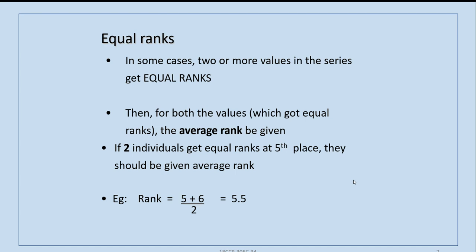Then instead of 5th, 6th and 7th, we will take the average of 5, 6 and 7. That is 5 + 6 + 7, that is 18 by 3, which is 6. So 6 is awarded to all these 3 persons instead of 5, 6, 7. In that way, we will calculate the equal ranks and then assign them. So this is about the assignment of ranks.